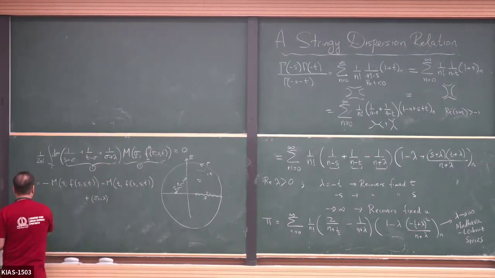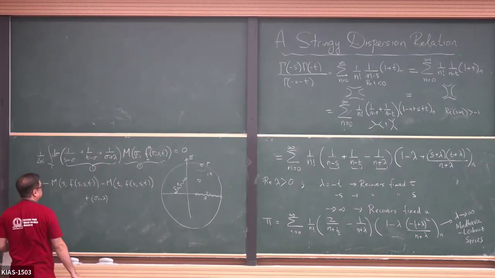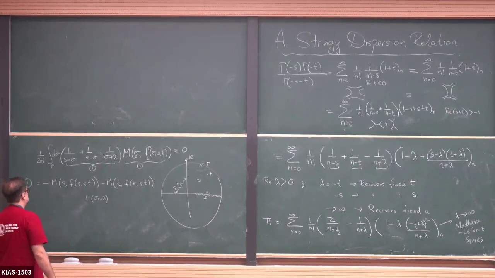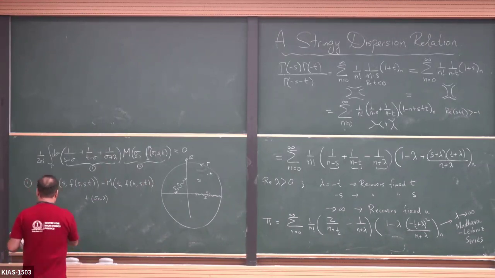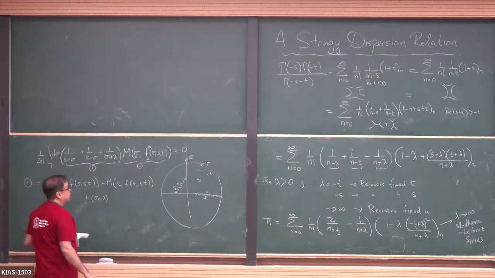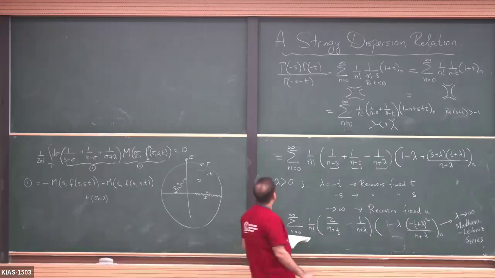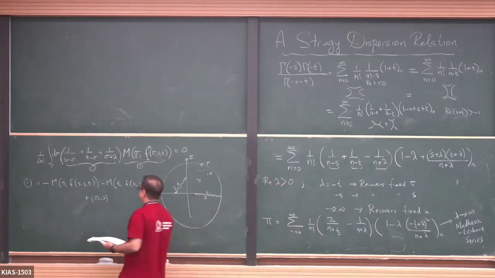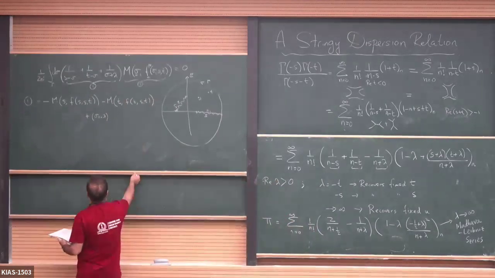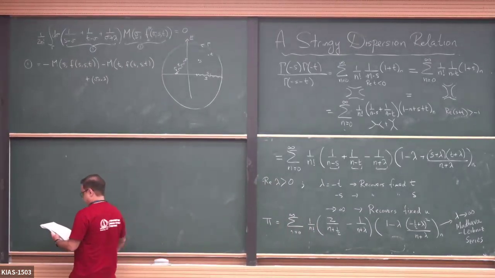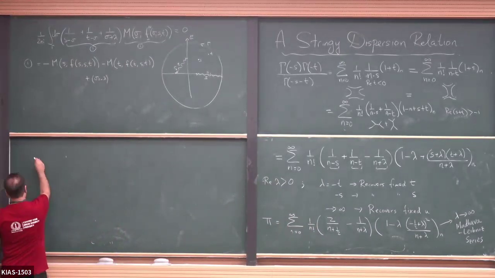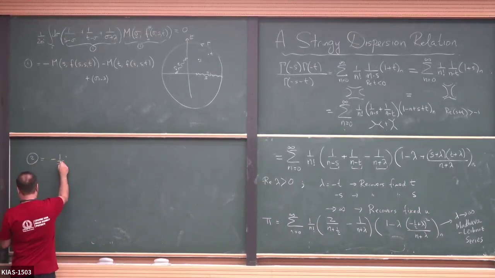And then there is going to be the contribution that comes from the cuts. So I'll use another board to write that. So let's put it up. The second contribution is going to be the contribution from the cuts.